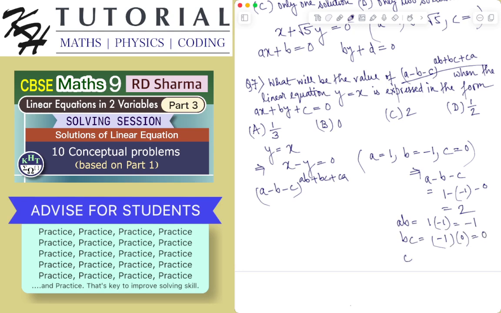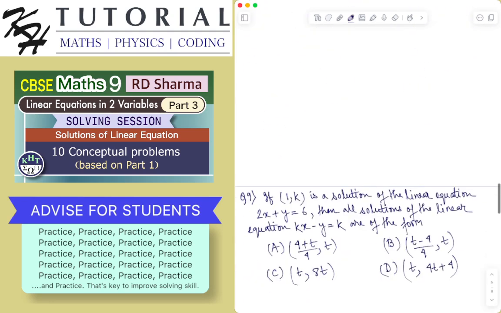And ca will be equal to 0 multiplied by 1, which is 0. So the expression will be 2 to the power ab plus bc plus ca. ab is minus 1, bc is 0, ca is 0. So this is 2 raised to the power minus 1, which is the reciprocal of 2, that is 1 by 2. So the correct choice is D. D is the correct choice.